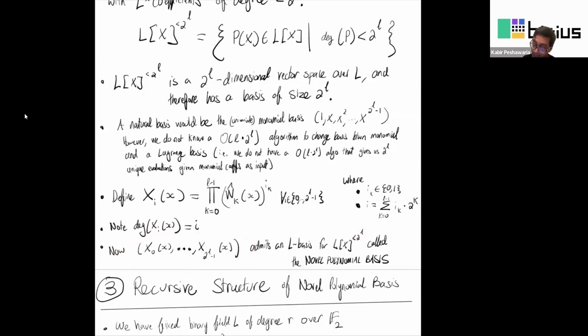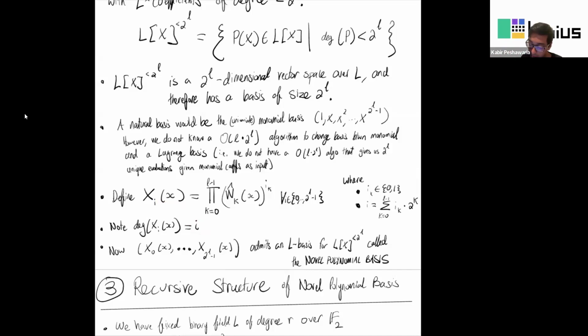However, you would expect that each of these has to have a different degree, because I should have some way of creating, say, a degree 7 polynomial as a linear combination of these other polynomials. So it is good that each of the xi's gives us a unique degree in the range 0 to 2 to the L minus 1. That is not a proof. That is necessary, but not sufficient for it to be a basis.